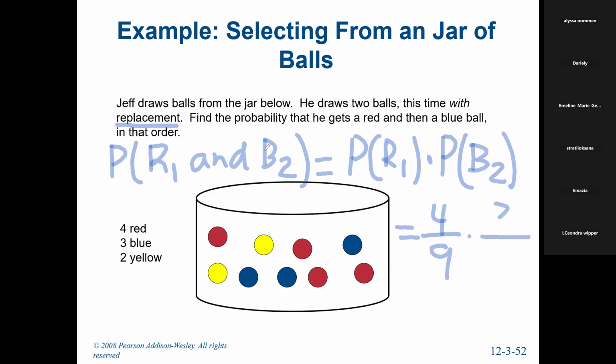You got 3 blue balls, but over 9 because you put the ball back. That's the difference. So here that would give you 4 over 27. So here the two events are independent.